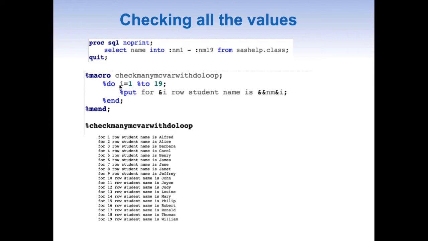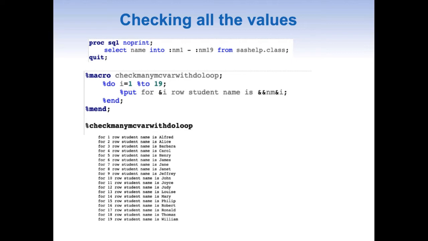Now what happens in the second iteration is, this is going to become ampersand nm2, and then by doing each iteration, we are going to access all the macro variables from nm1 to nm19, and in here you can see in the log after executing this macro that we are able to access all of these values.